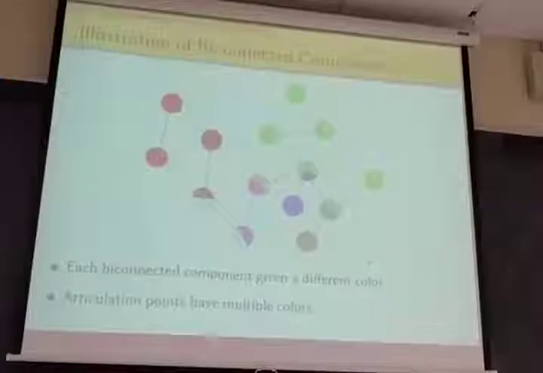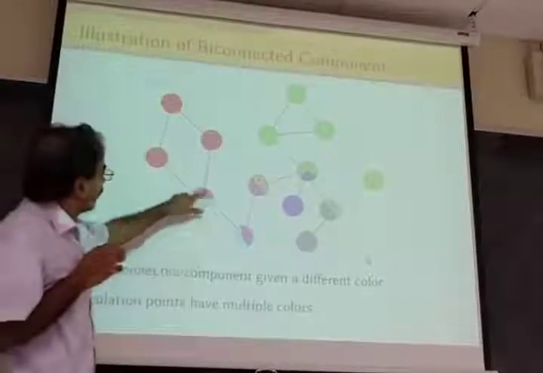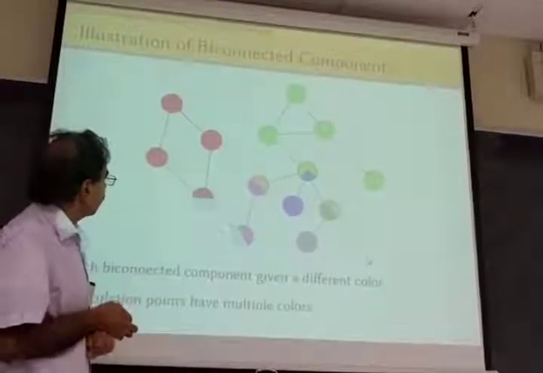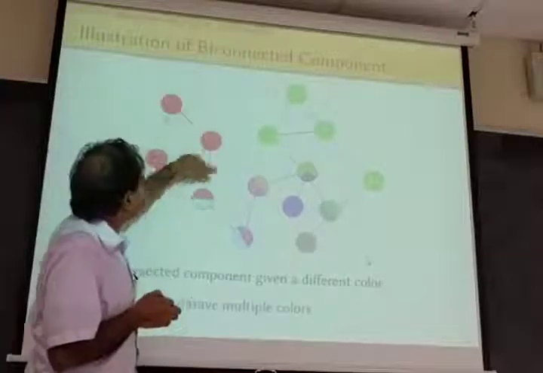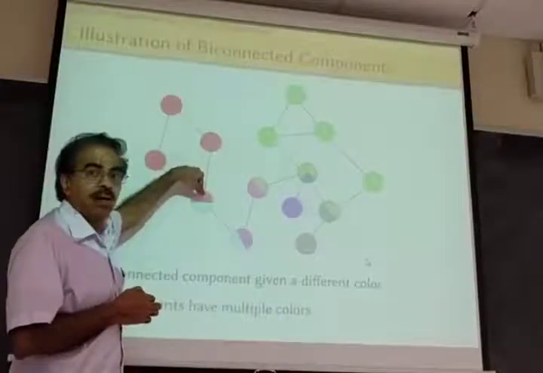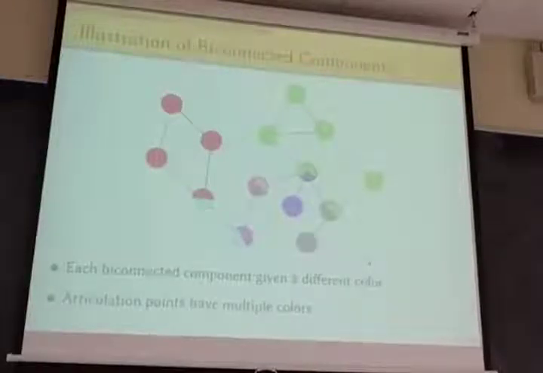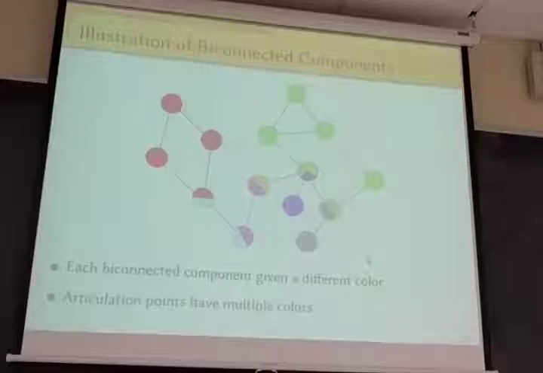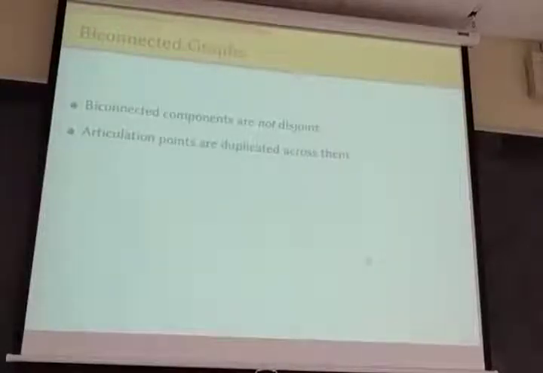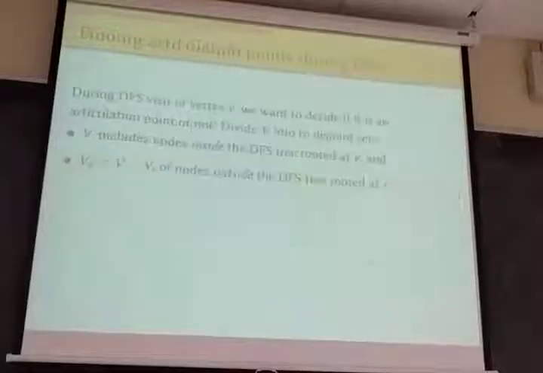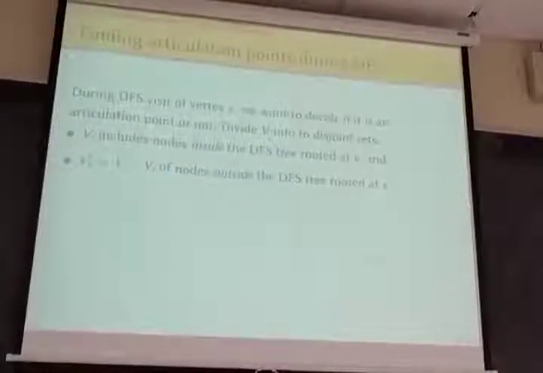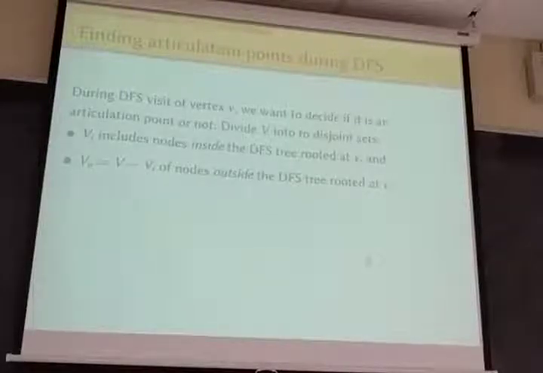Once you find that this is an articulation point, then you know that these are all your bi-connected components. So once you find the articulation point, identifying the bi-connected components is not that difficult. Okay? So we are just going to find whether a vertex is an articulation point or not.